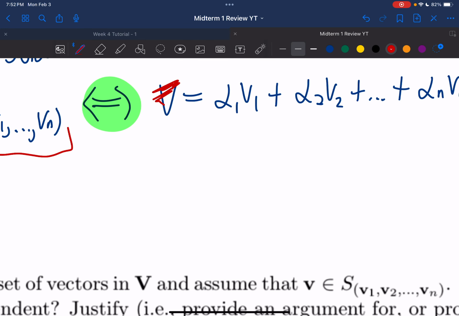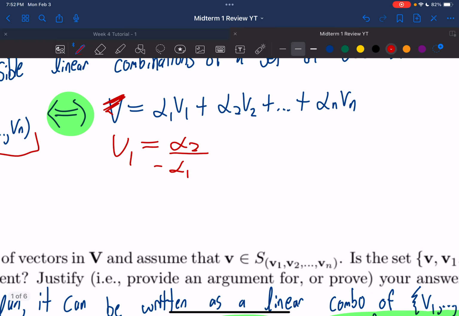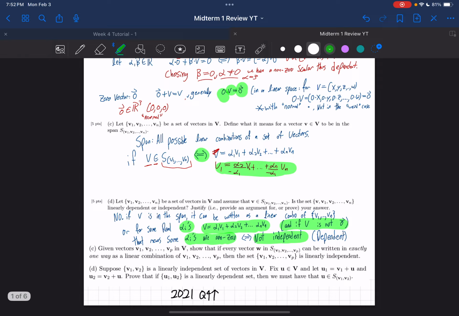So if we want to describe v1, for example, we could have v1 equal to alpha 2 over negative alpha 1 times v2, plus all the way to alpha n over negative alpha 1 times vn. So we can move anything around, and we can construct any vector from any other set if it's within our span.